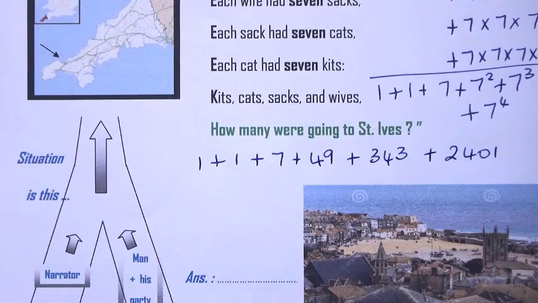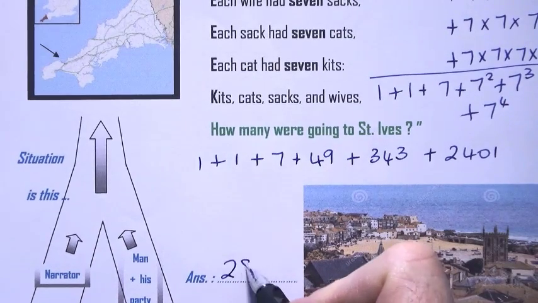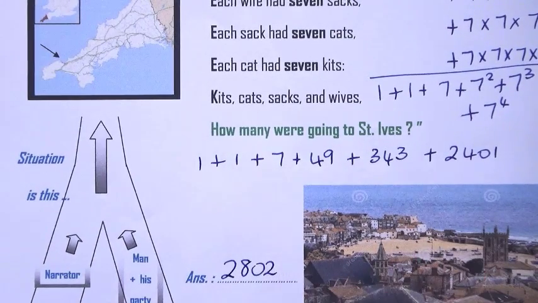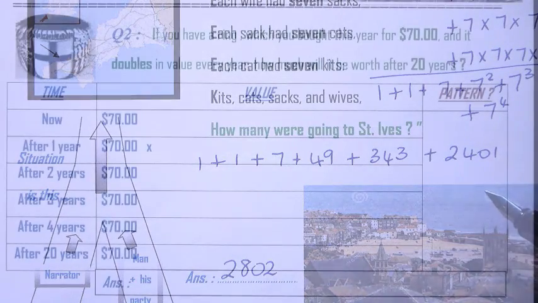And the answer to that is 2,802. We're going to St Ives, given that this was the situation. Can you see that seeing things in terms of indices makes it easier to handle?